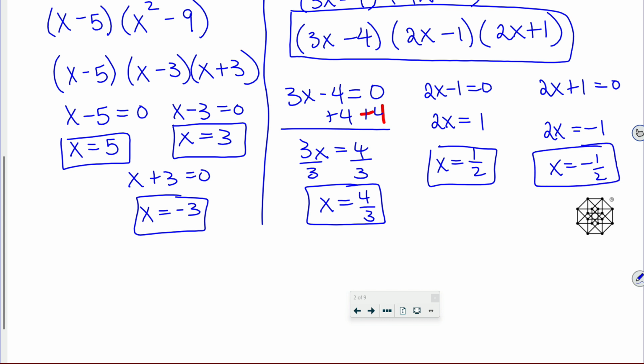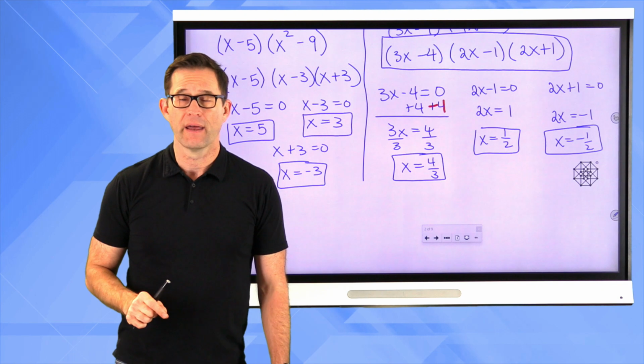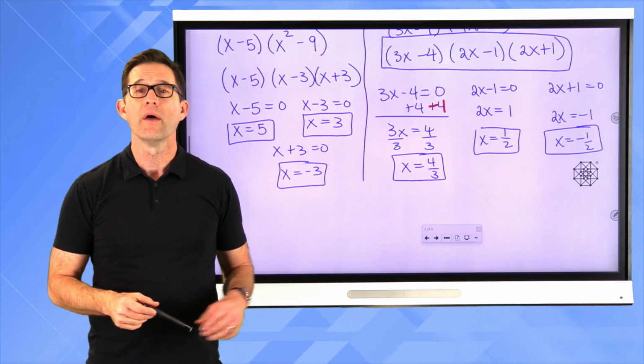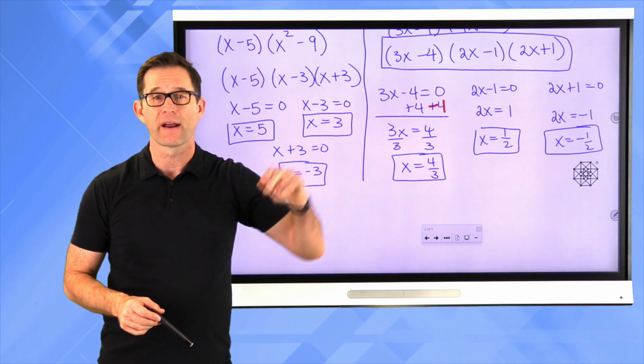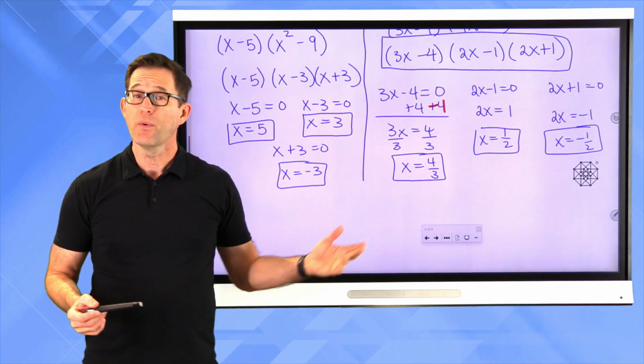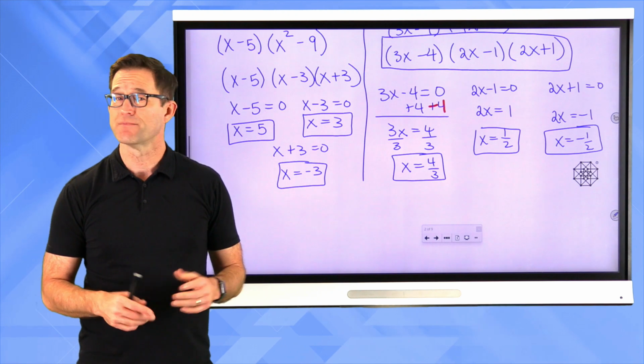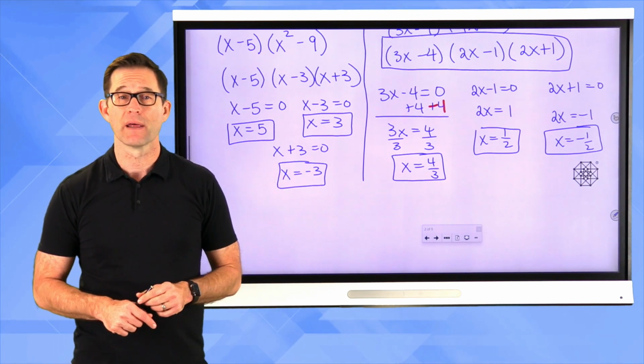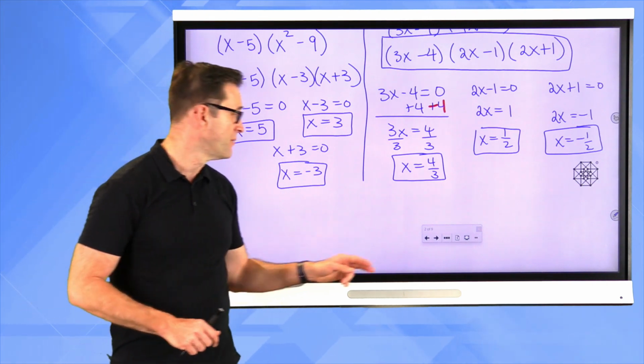And again, I want to reiterate, the only reason I'm doing that is because it told me to find the zeros of the polynomial based on completely factoring it, okay? And we've got all of these fractional zeros. That's fine. Nobody says that the zeros have to be integers as they are in letter A. Let's keep going.